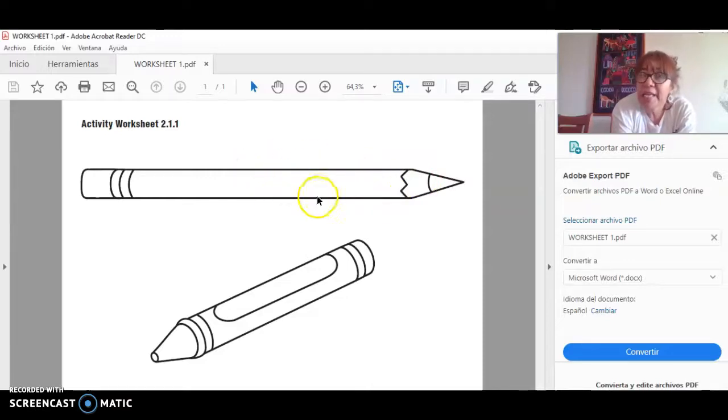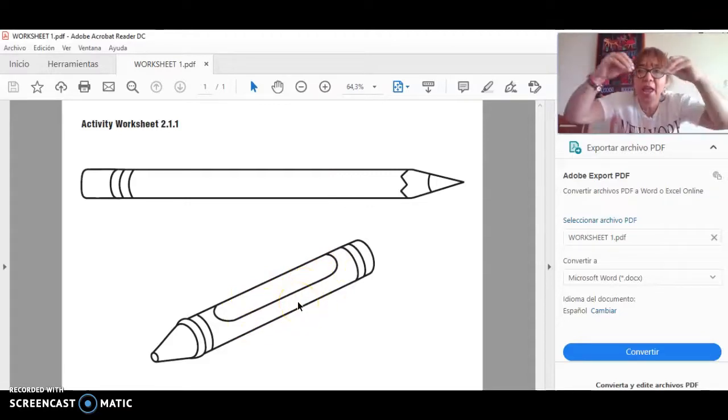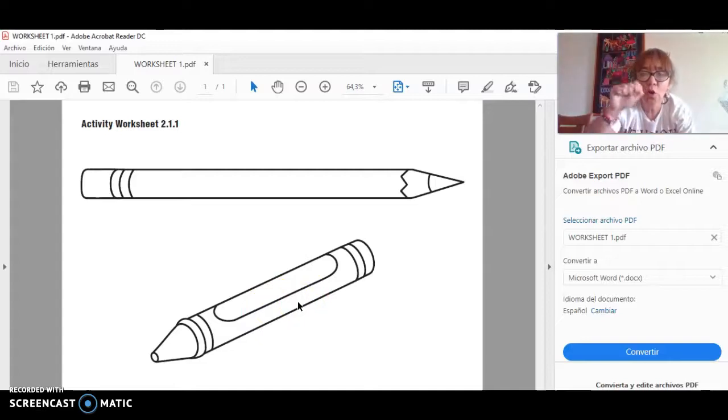The crayon is red. Color the crayon red. Very good.